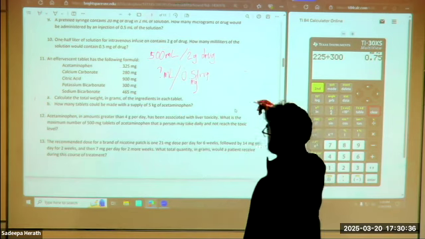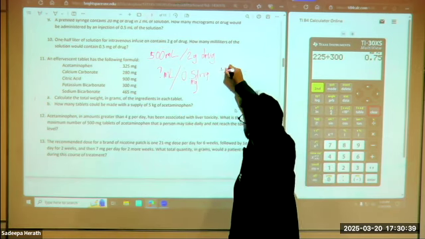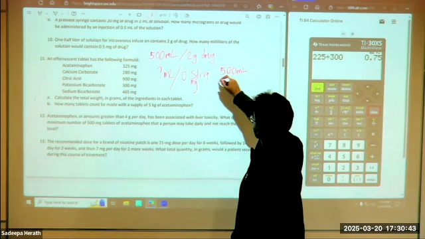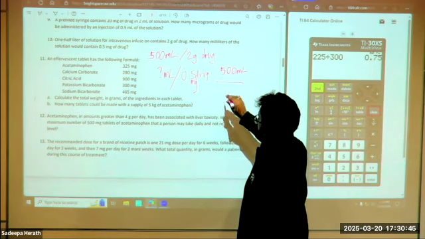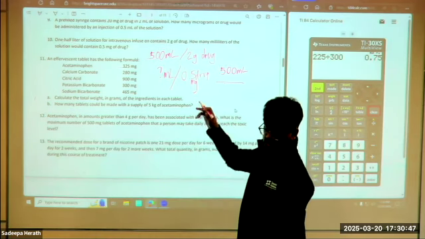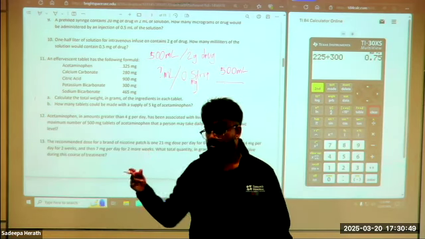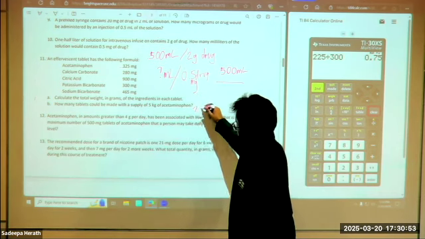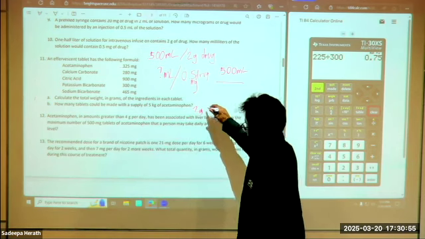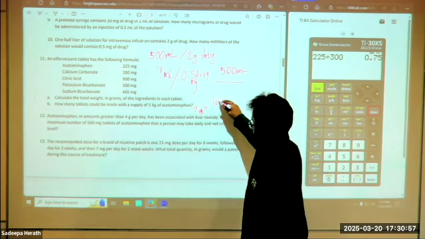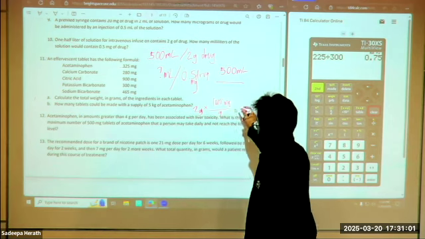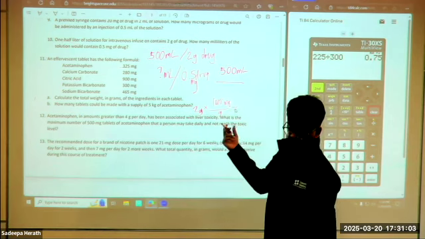So in our proportion, 500 ml per, they're asking for milligrams. So how many milligrams are in 2 grams? We can do 2 grams times 1,000 milligrams per gram, 2,000 milligrams.